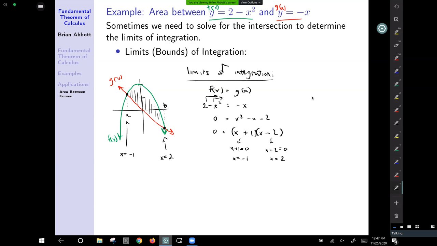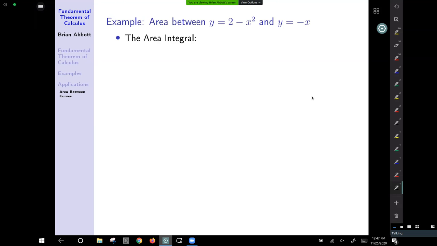Our area between these two curves is equal to the integral from our lower limit, negative 1, to our upper limit, 2, of f of x, our top guy, minus g of x, our bottom guy.